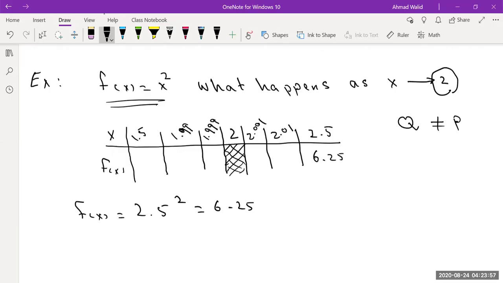If you plug in 2.01, let me turn on my calculator, 2.01, and you square 2.01, it gives you 4.0401.